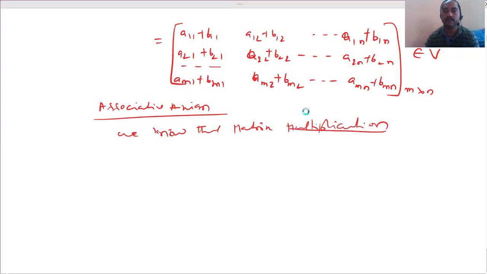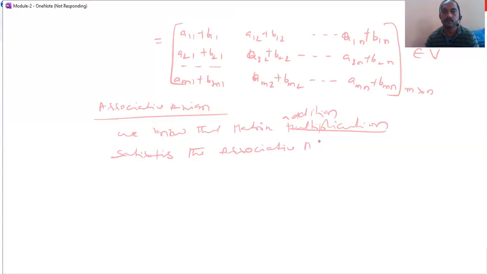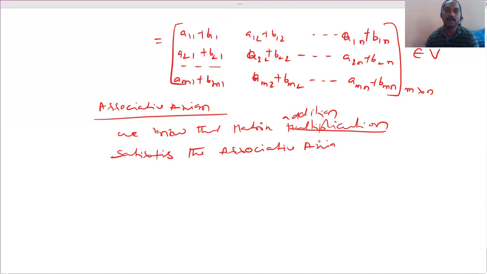Matrix addition satisfies the associative axiom with respect to addition. You write it down like that, the sentence formation.